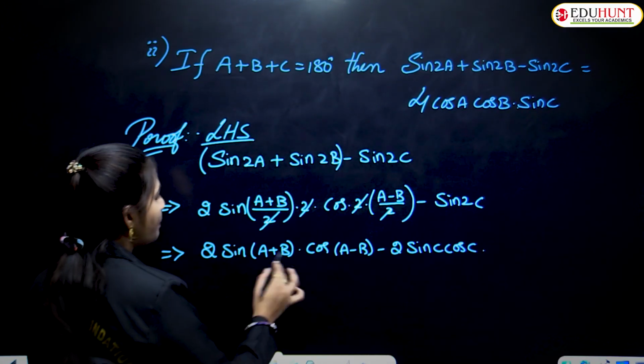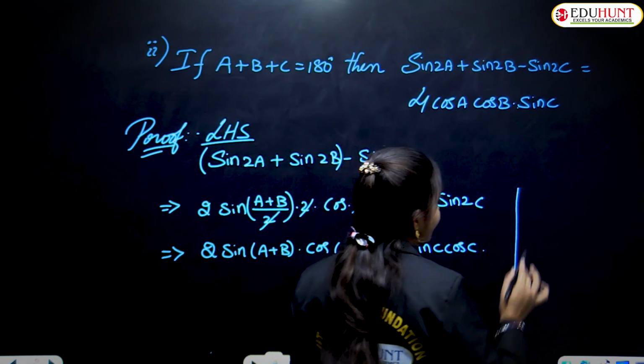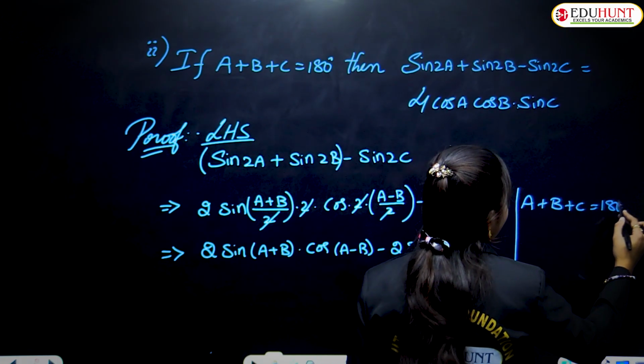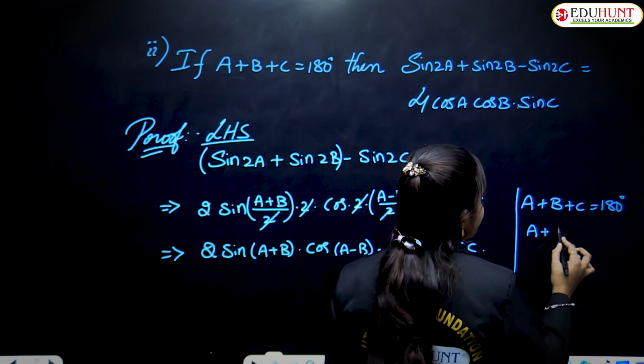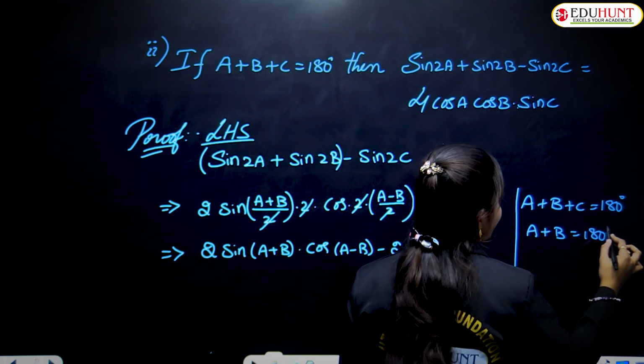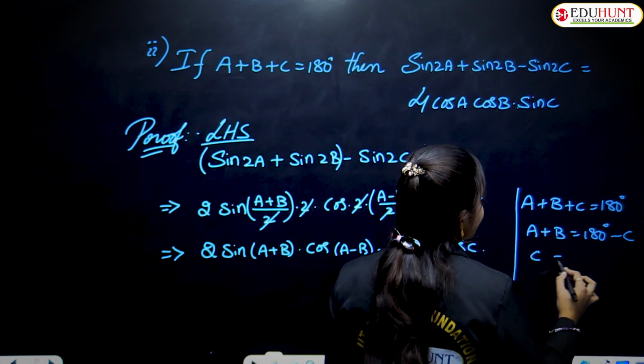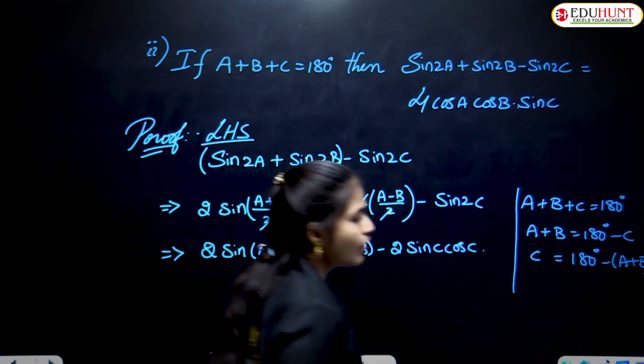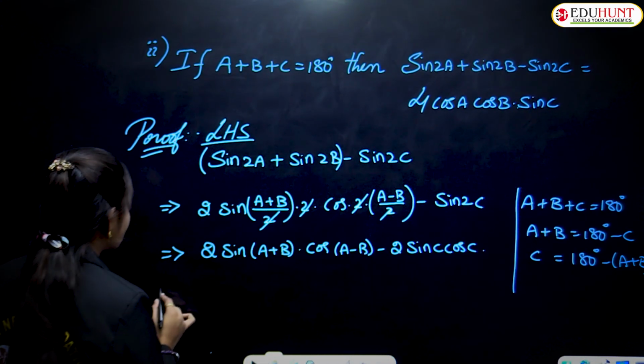Yes. So in the place of A plus B, the given condition is A plus B plus C equals 180 degrees. So A plus B equals 180 degrees minus C, or C equals 180 degrees minus (A plus B). Apply that condition here.